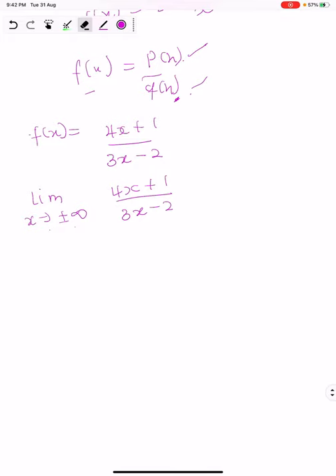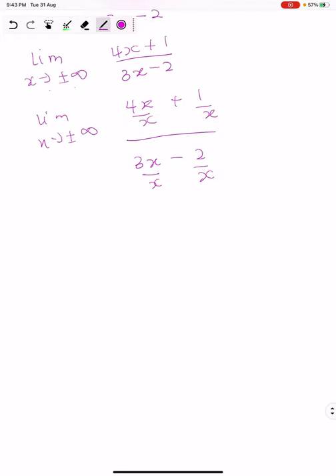All right, so since the highest degree in the denominator is x, we have limit as x approaches plus or minus infinity of 4x plus 1 divided by 3x minus 2. Highest degree is 1, so we divide here by x, here by x, here by x, and here by x as well. This only happens when the limit is approaching both positive and negative infinity.